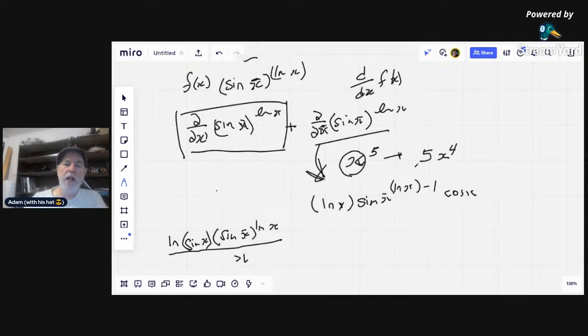All right. And there, we've done that part. And so all that gets added together. And we're done. We might be able to simplify this a little bit. Like if we multiplied both sides here by x, so we got x as a common denominator, and then maybe we could factor out this sine x to the log x minus 1.